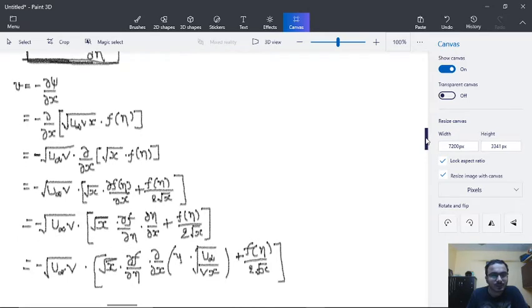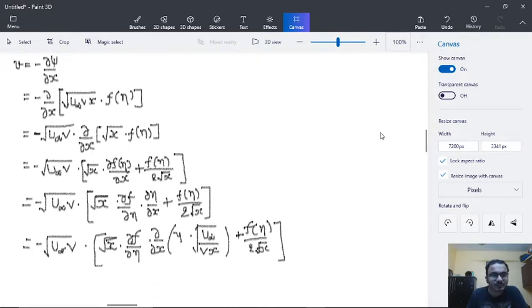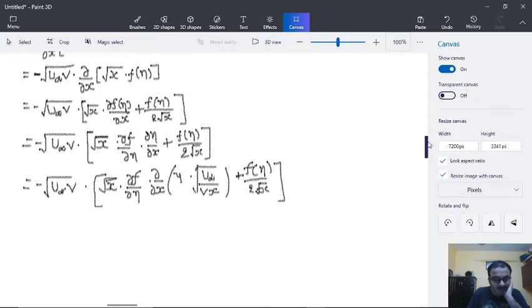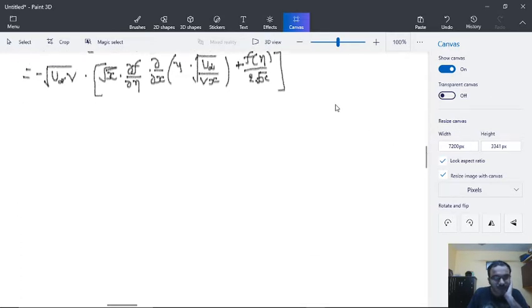Then we obtained the value of v, the velocity in y direction, which is given by minus del psi upon del x, which is minus del upon del x of the square root of this function of psi. In our last lecture we arrived up to this, and we will continue from here.